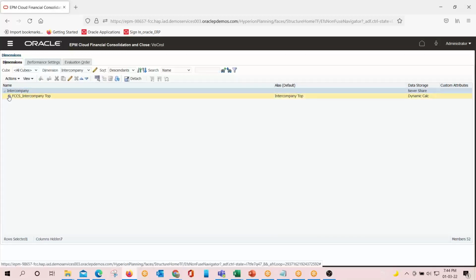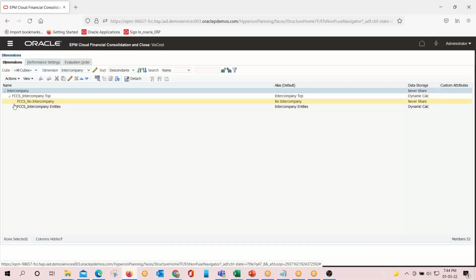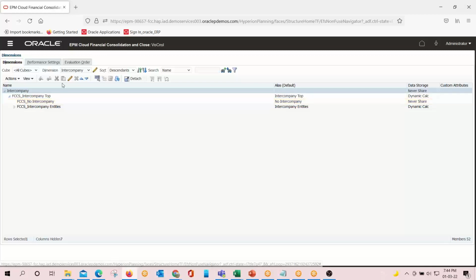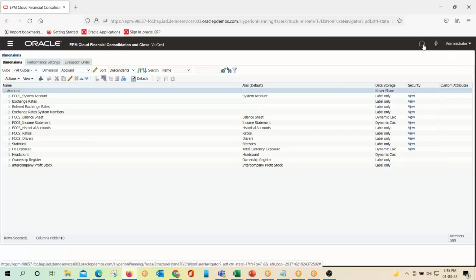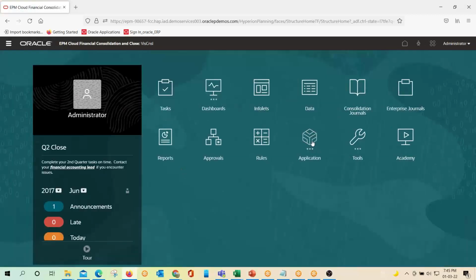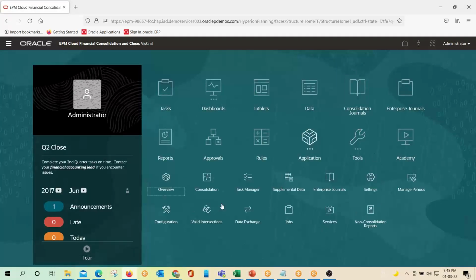Similarly, we have intercompany transactions. Naturally, companies having different entities can have transactions with entities of the same group. Those activities are taken care of by the intercompany feature. So that is a typical FCCS application.